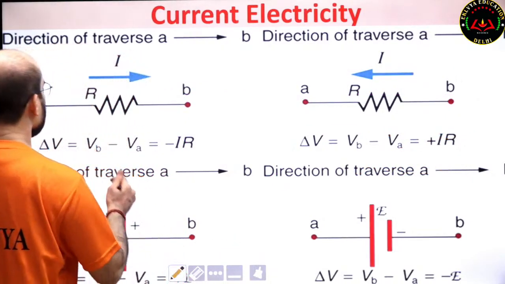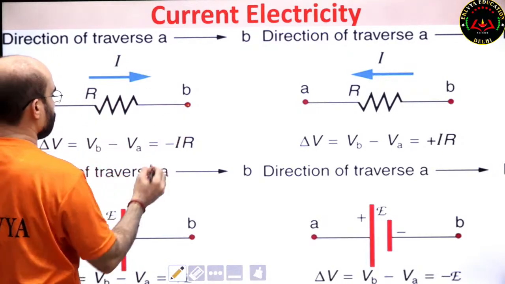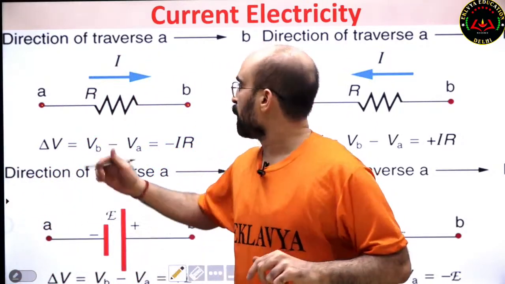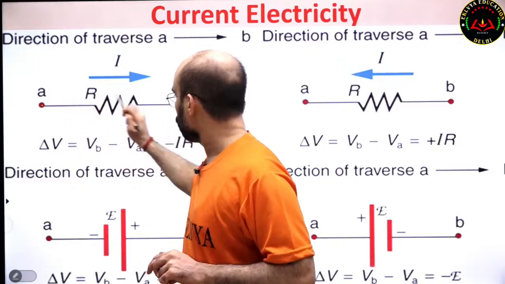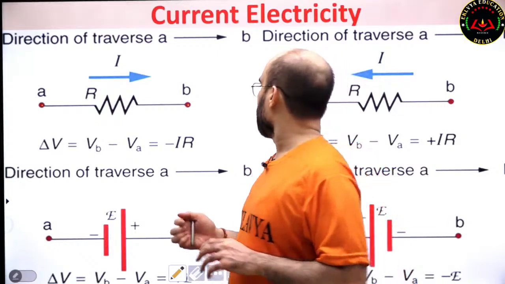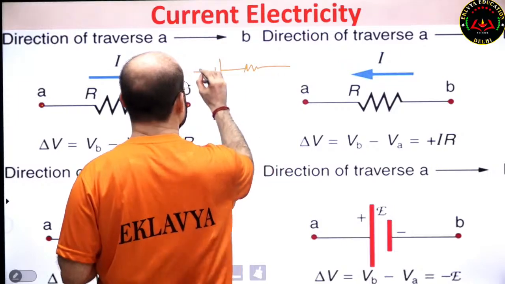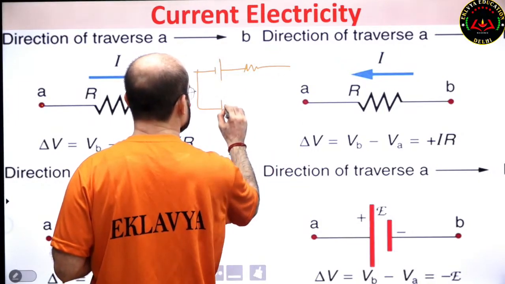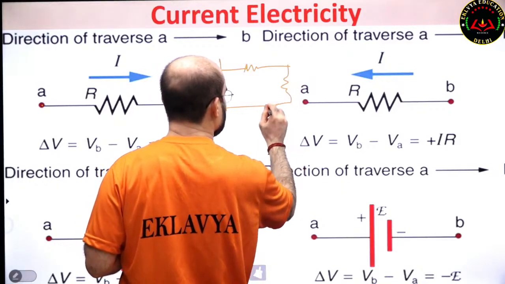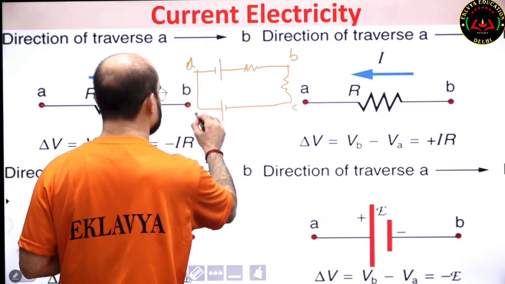See, if inside the loop you are going from A to B, and that is the direction of current, in this direction from A to B, current is also flowing, and you are also traversing in the loop. Inside the loop, you would say that okay, this is resistor, this is another cell, and this is another resistor, like this. This is A, this is B, this is C, this is D.